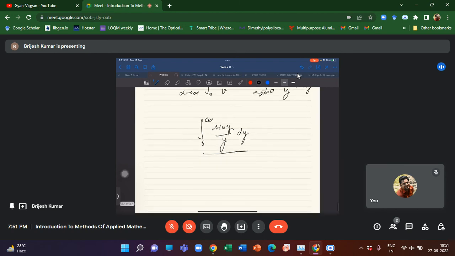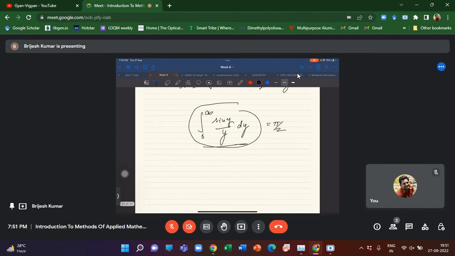We recently found that the integration of this is equal to pi by 2. Okay, so it's good. Similarly, you can solve this minus L to L problem. That we have also solved.